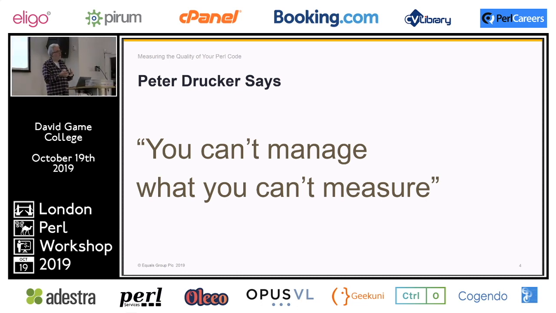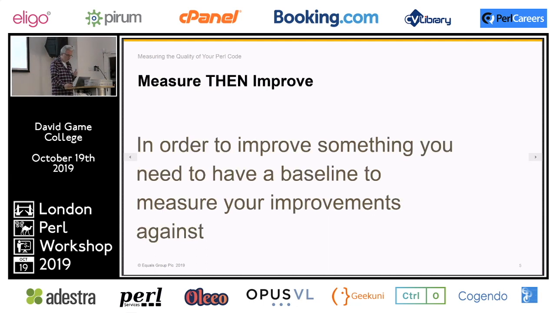So unless you measure a quantity, you've got no real way of managing what's going on. To put that in a more technical way of thinking about it, we're talking about measuring something and then improving it, because in order to improve something, you need to have a baseline which you measure your improvements against.